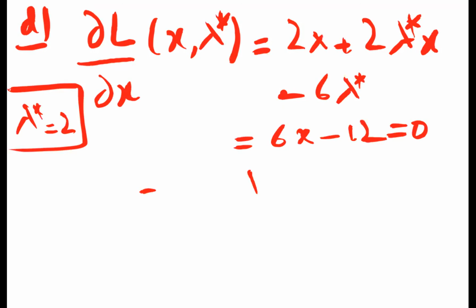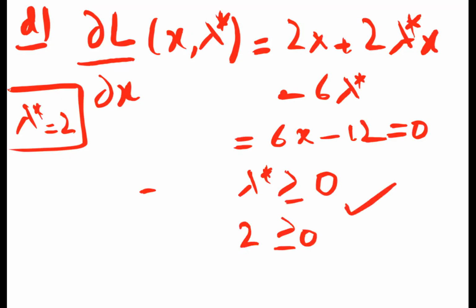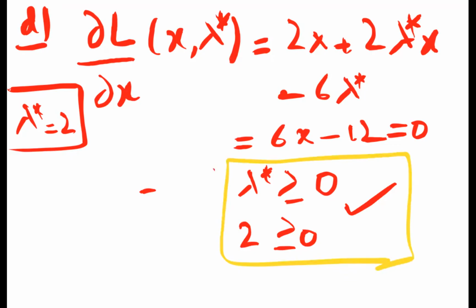Lambda star was greater than or equal to 0, so 2 is also greater than or equal to 0; that condition is checked. And from this you would also get x star is equal to 2.